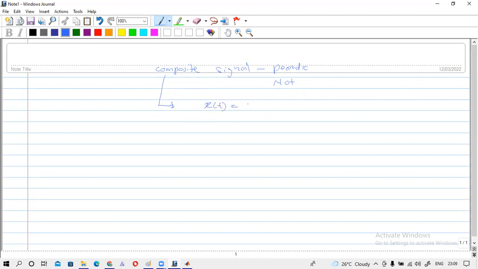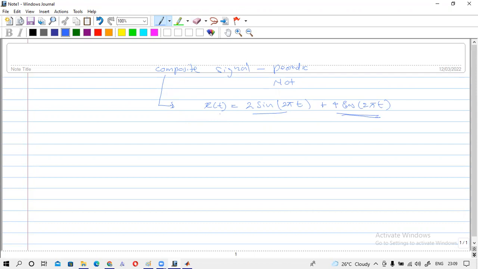x(t) is equal to sin 25t. This is a sinusoidal signal, plus 4 cos 25t. So this is a combination of sinusoidal and cosine signals.